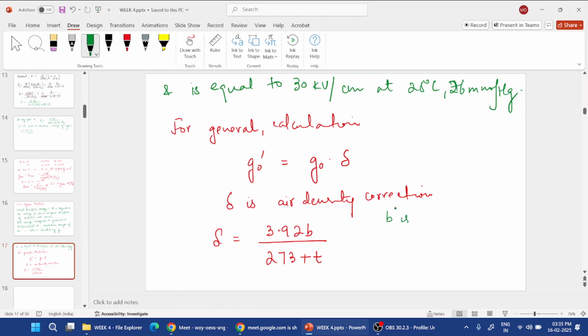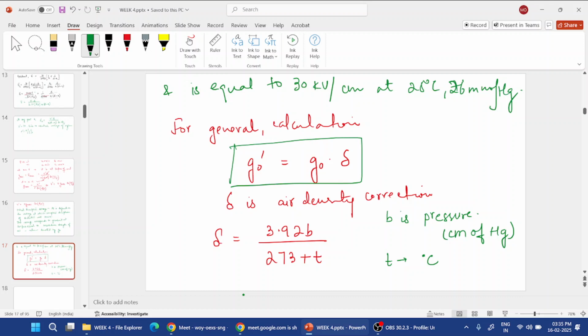Here b is the pressure in centimeter of Hg, and t is the temperature in degree Celsius. If you want to calculate at 27 degrees Celsius and 77 centimeter of Hg, you put these values in this, you will get the air density correction. Based on that air density correction, we can calculate the gradient using this formula.